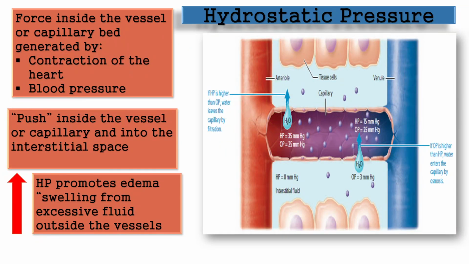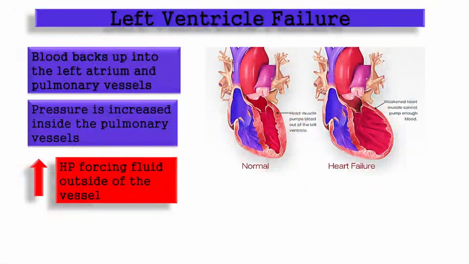And so hydrostatic pressure promotes edema, swelling, excessive fluid outside the vessel. And so you can associate hydrostatic pressure with an increased blood pressure. So left ventricle failure. So again, we go back to this. And what I showed you earlier was that congestive heart failure patient.